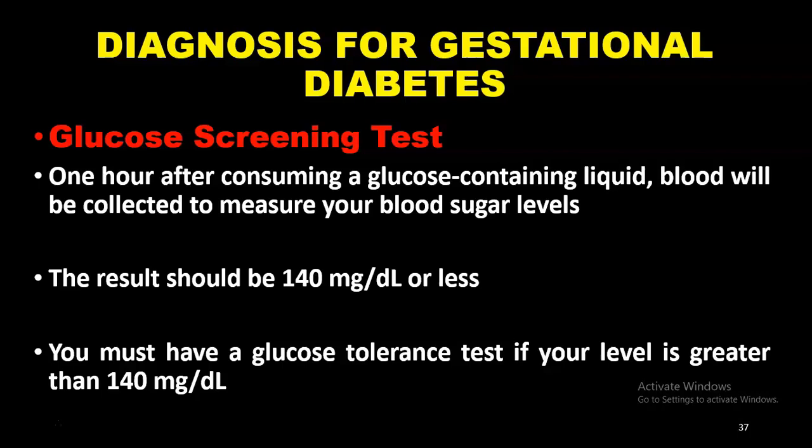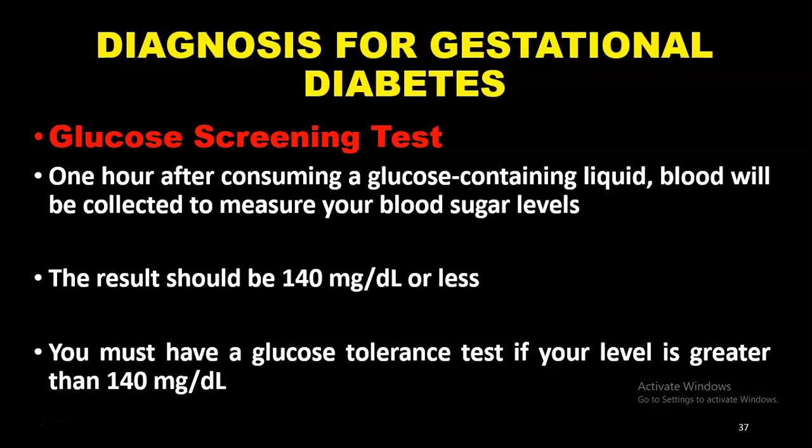So, glucose screening test, another test for gestational diabetes. This gauges your blood sugar level at the moment of testing. One hour after consuming a glucose containing liquid, blood will be collected to measure your blood sugar levels.